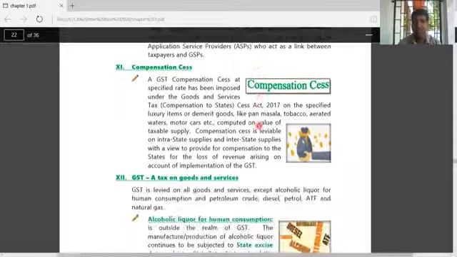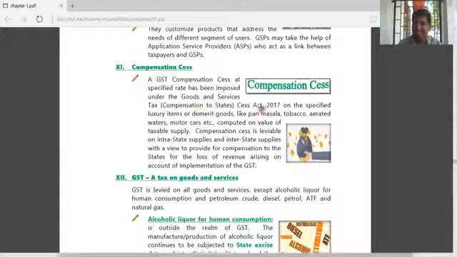Next, GST compensation cess. What is GST compensation cess? There is the GST Compensation to States Cess Act 2017. We have seen the CGST Act, SGST Act, UTGST Act. We know that these are formed to levy taxes. Now, the GST Compensation to States Cess Act 2017 is also formed.